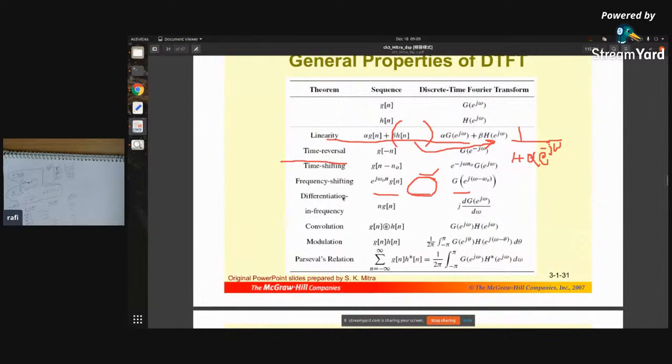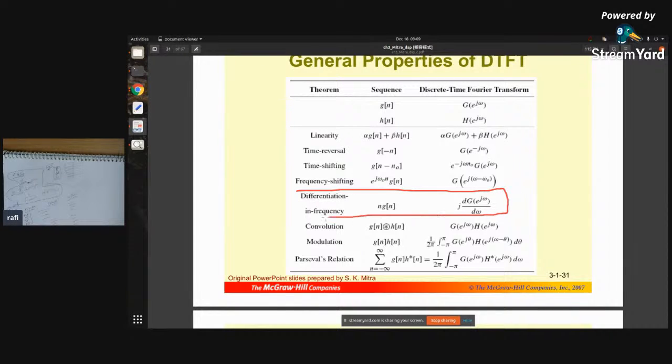This is the differentiation in frequency property. What it says is, if you know the DTFT of g of n, you can find the DTFT of n into g of n as j into d G of omega by d omega.